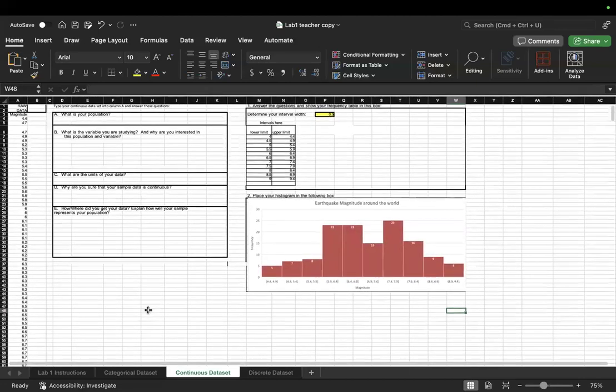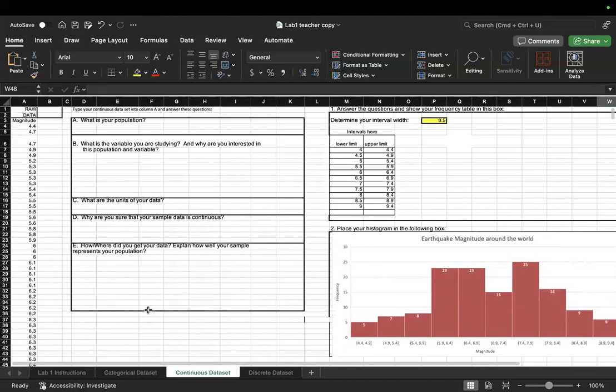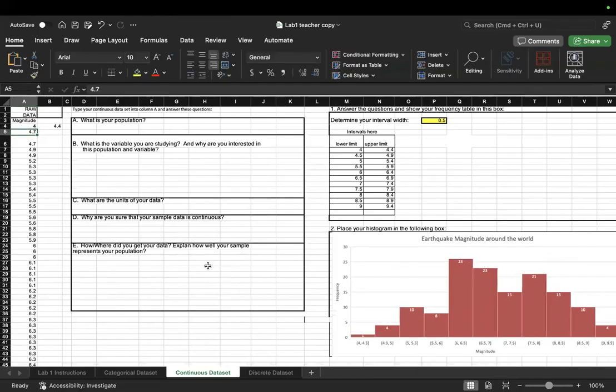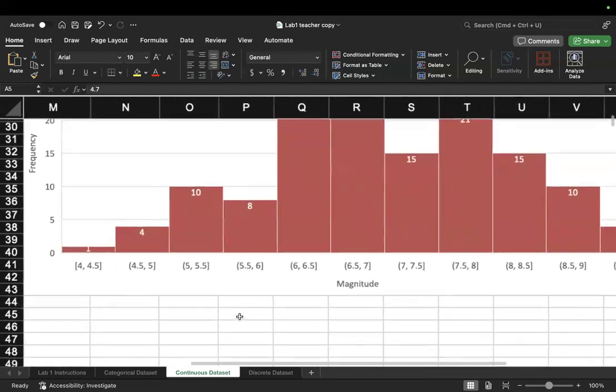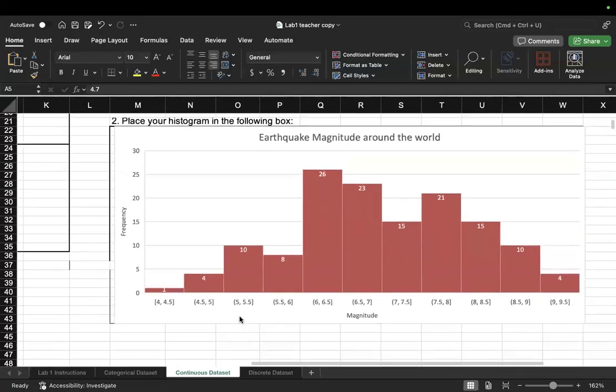So I know that my lowest data value is 4.4. So I'm going to type 4.4 over here so that I remember it. It's not used for anything. It's just reminding me that number is really 4.4. I'm going to change my smallest number to 4. Take a look at this gorgeous histogram now.